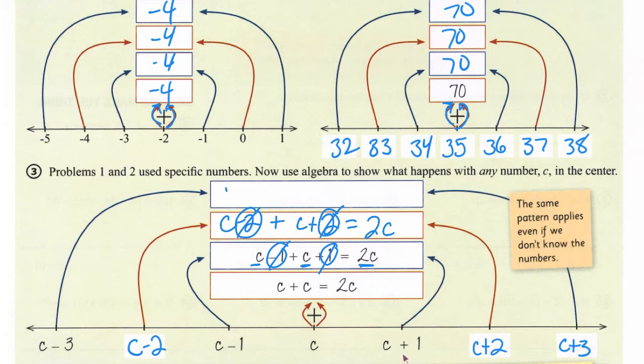Again, on the next line, C minus 3 plus C plus 3, the minus 3 and plus 3 make 0, so I have 2C. So we've just generalized this pattern and why we always end up getting the same number. We get twice this number C every single time.